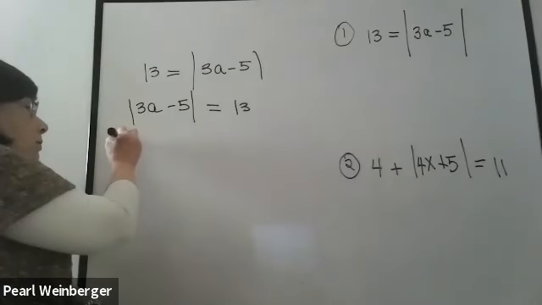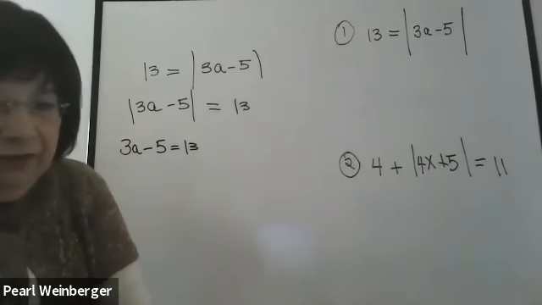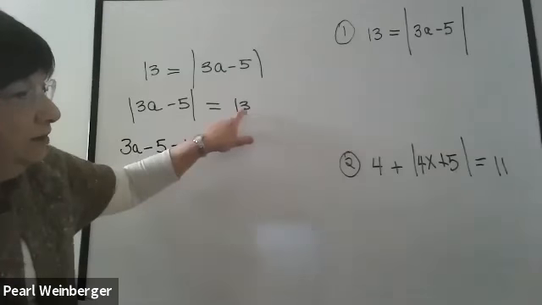So I went ahead and removed the absolute value signs. So 3a minus 5 equals 13. What did you look at first before you removed the absolute value sign? Remember, we have to look at this number. What do we have to check? Yes, I looked if it was positive or negative. Right, perfect.